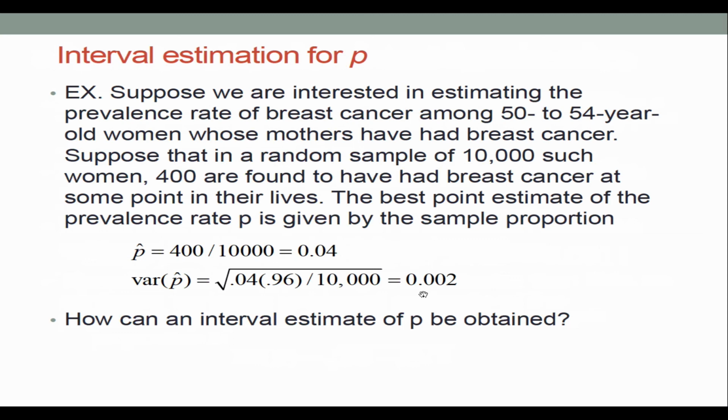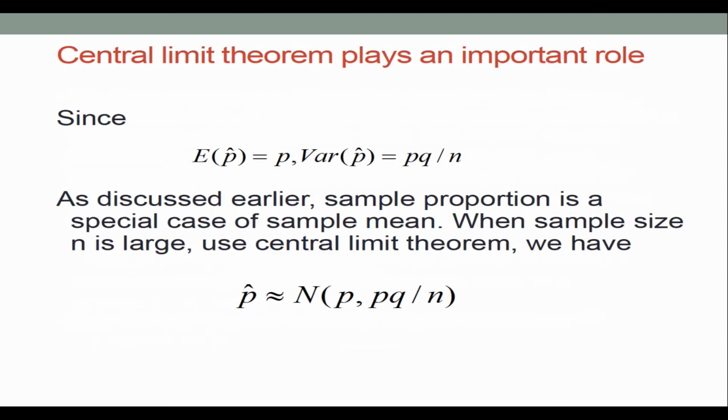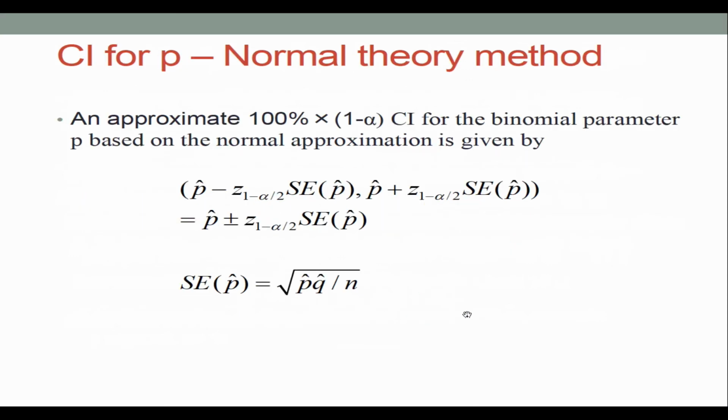And then next, how to derive the interval estimates. The same thing, using the central limit theorem, which we applied to get the confidence interval for the population mean. Because the sample proportion is also a sample mean, this sample proportion is normally distributed using the central limit theorem, with the mean being the population mean, and this is the sampling variance. So here is the confidence interval formula for the population proportion.